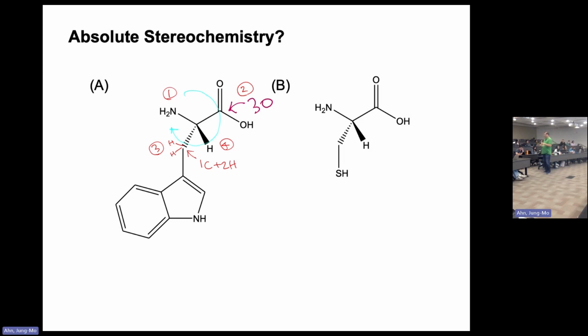But there's an easier way. Put the fourth one in the front. If the arrow rotates this way and you look at the arrow from the other side, it comes in the other direction. If the fourth one is coming forward and it rotates clockwise, if you look from behind, it's going to look counterclockwise, so that becomes an S. So you don't have to redraw anything.